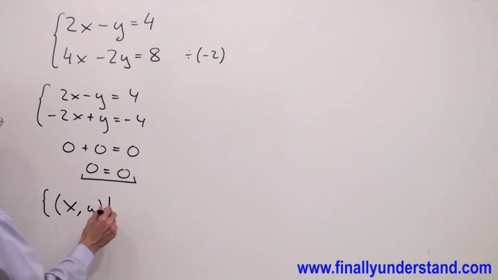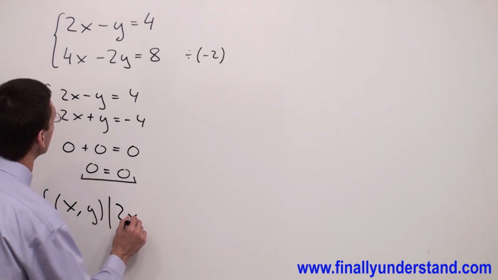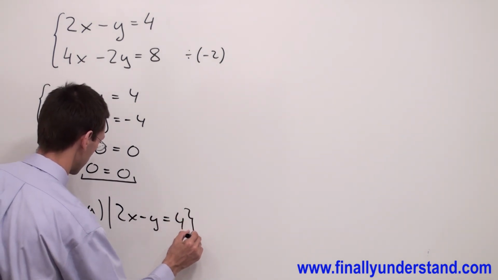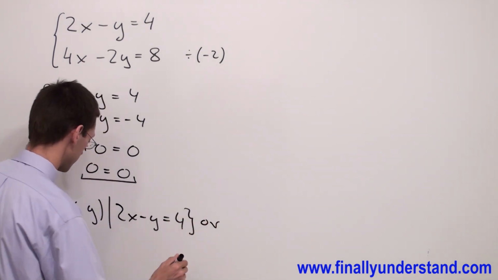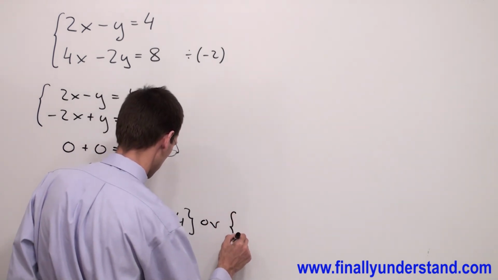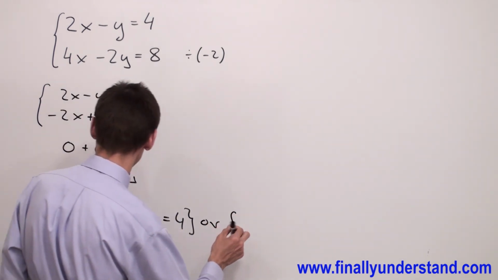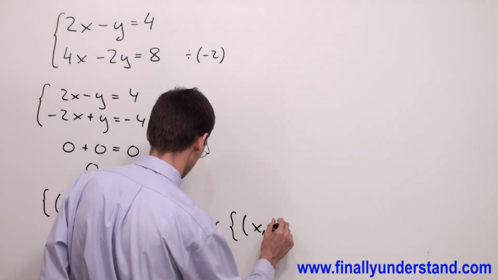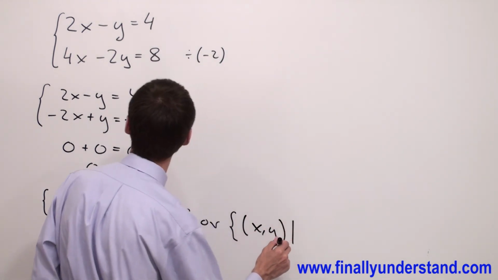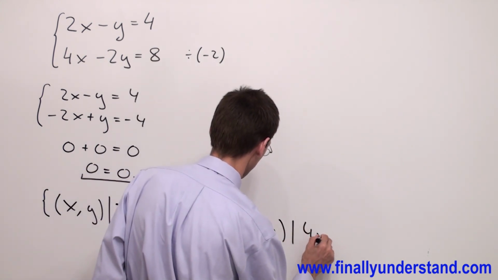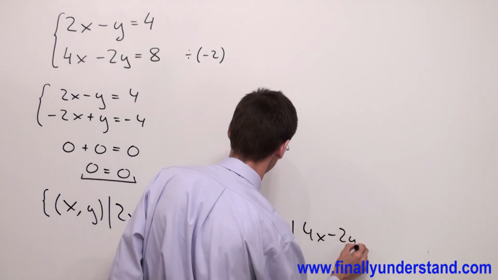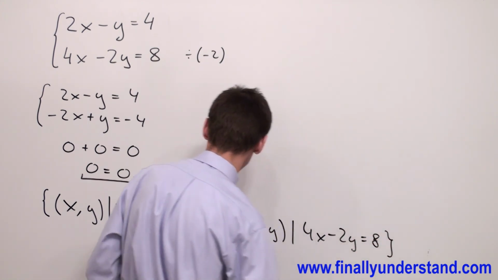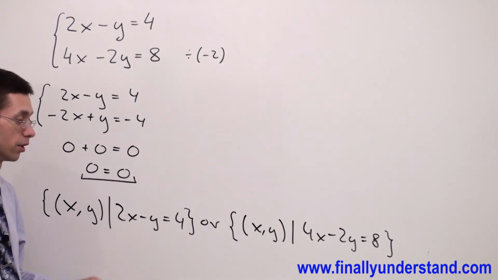So we have the first equation, 2x minus y is equal to 4, or the set of all ordered pairs x, y that satisfy also the second equation. And this is the solution to my problem.